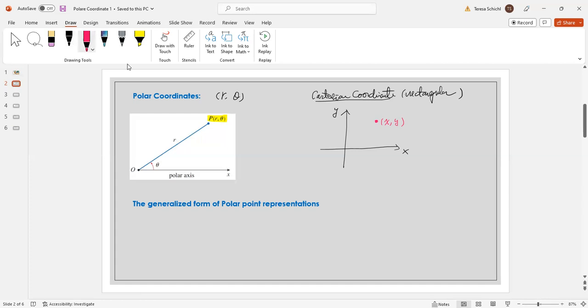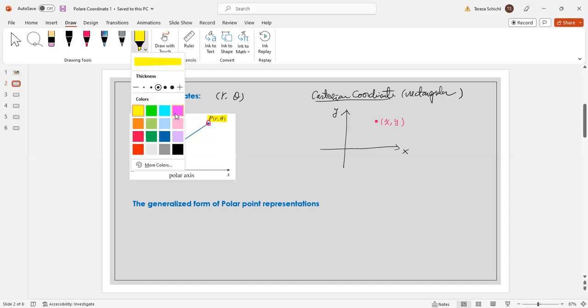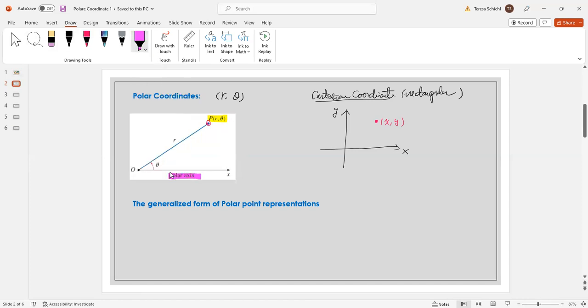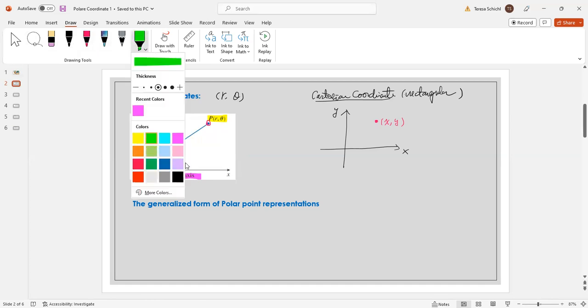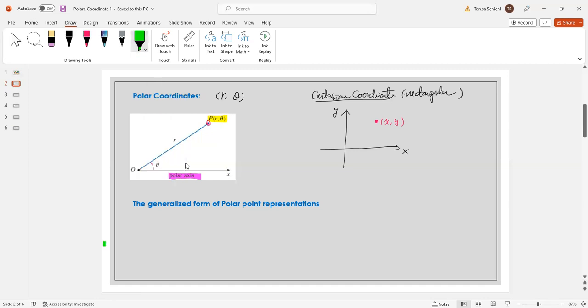For example, this is my point P. The polar coordinates have what we call the polar axis, which is similar to the positive x-axis. And then we have an angle here. This is my angle.